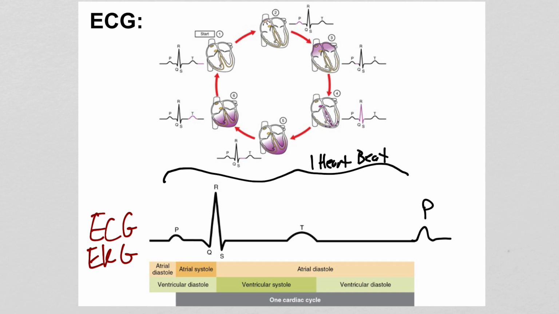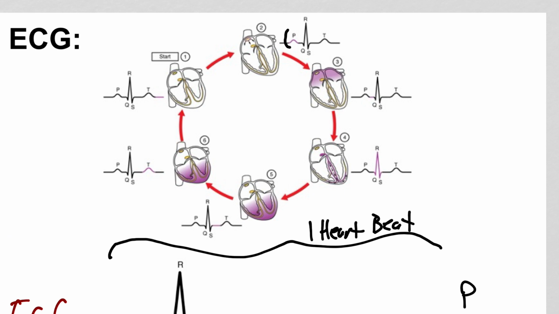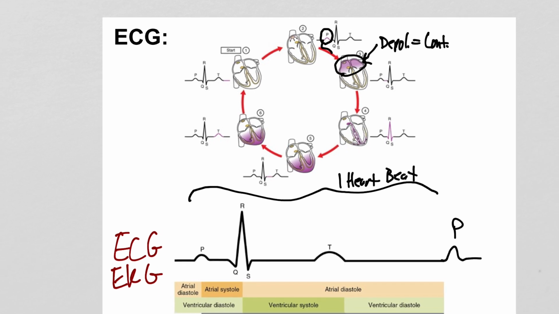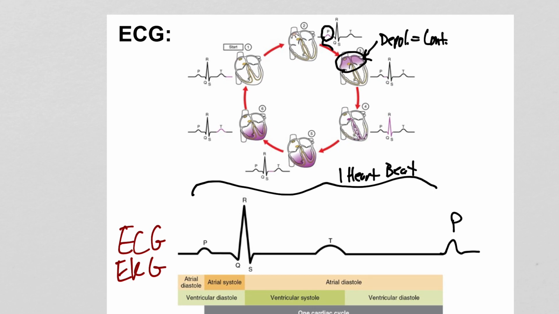And specifically, the P wave is responsible for making the atria contract. Right? And so this P wave that they're showing highlighted in purple, once that happens, we get this wave of depolarization. When you see the purple on there, think depolarize, and depolarization means you're stimulating it, so the muscle is going to contract. So when the atrium is purple, we're contracting.